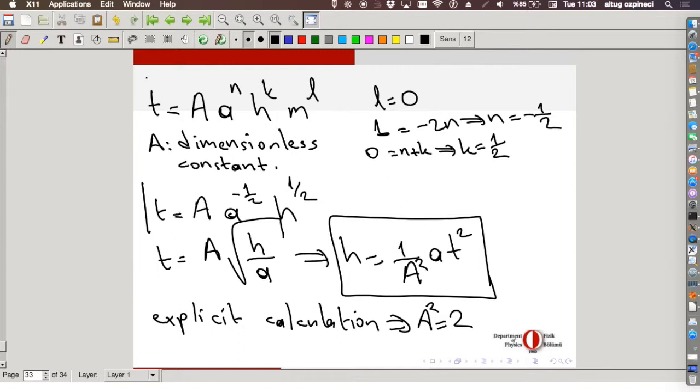You know that this dimensionless constant should be something of the order of 1. So if this combination turns out to be 1 kilometer, then you know that what you have done is definitely wrong, or your model is definitely wrong. This constant cannot be very small or very large. It should be something around 1.